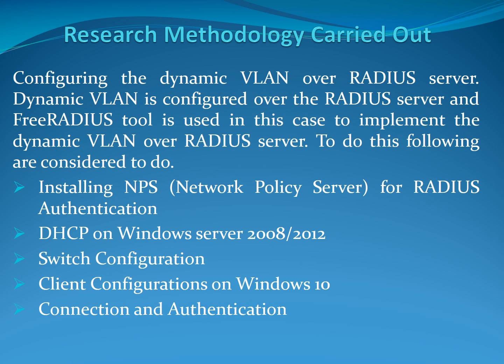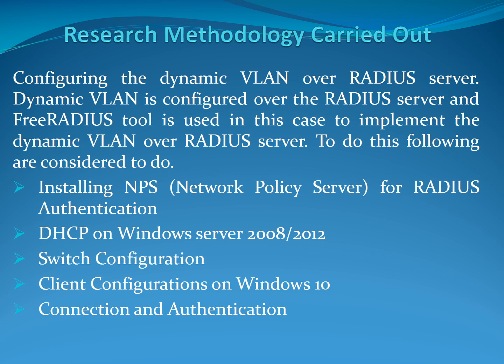Installing NPS, which is the Network Policy Server for RADIUS authentication. In this server, we define the user privileges and policies. The next is DHCP on Windows Server 2008 or 2012, which is basically used to assign the IP addresses to the users automatically once they are authenticated by the RADIUS server.